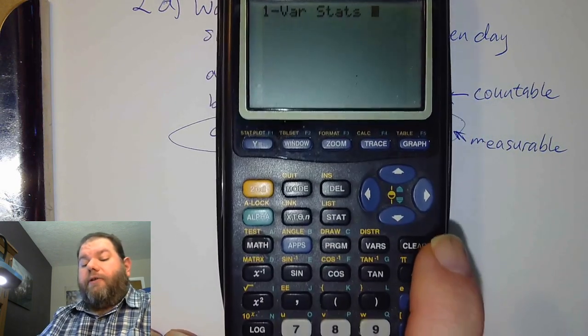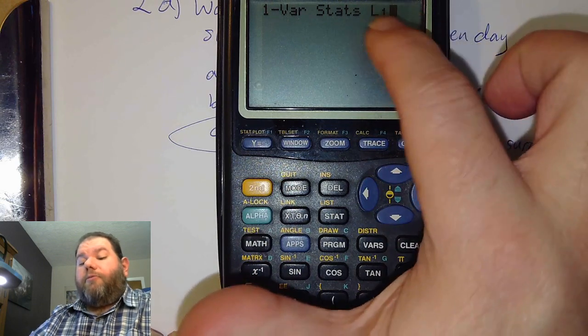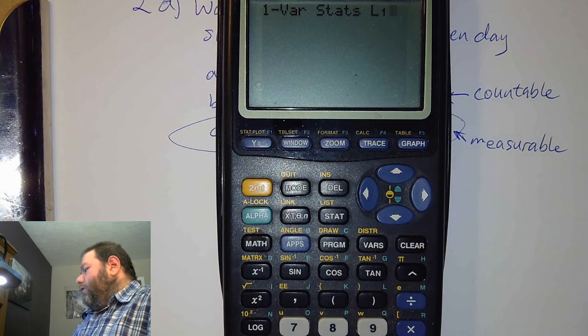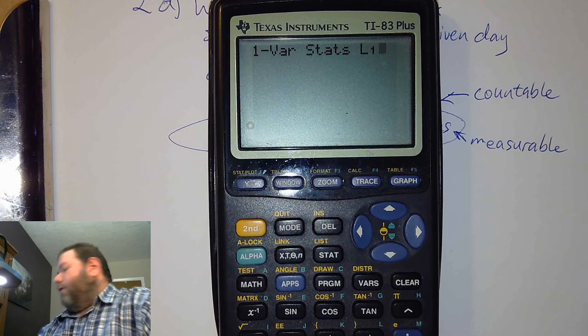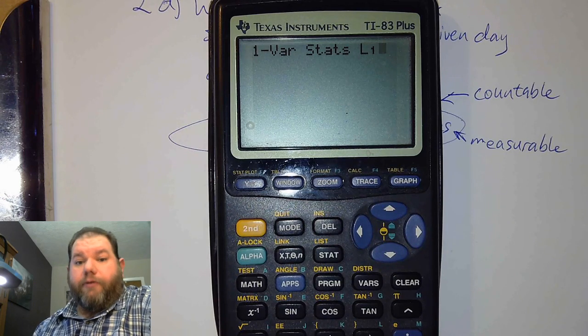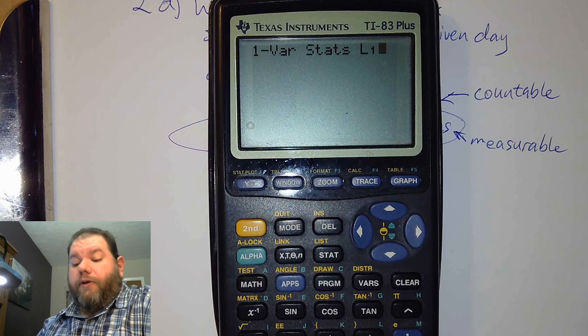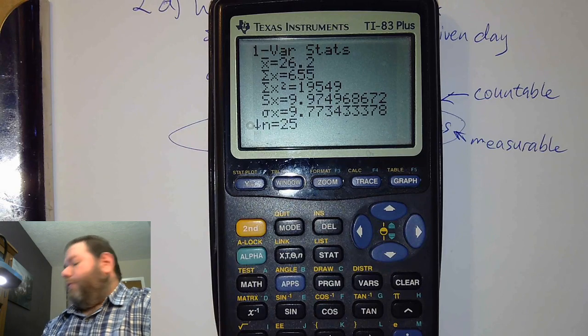So I will press second and the 1 button to bring up L1 on our screen. Whichever list everything is stored in, we'd enter the appropriate list there, L1 in this case. And then we press Enter, and it'll give us the statistics.